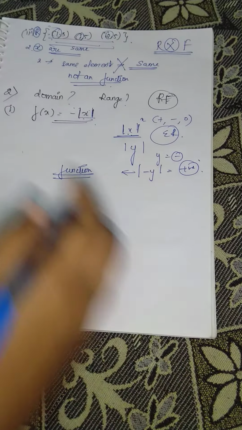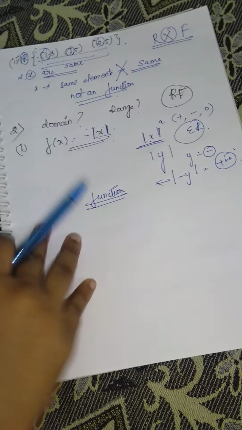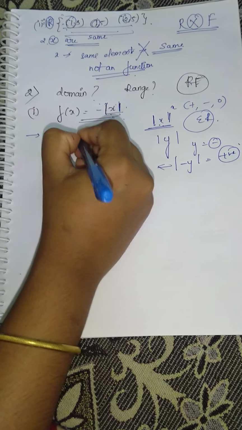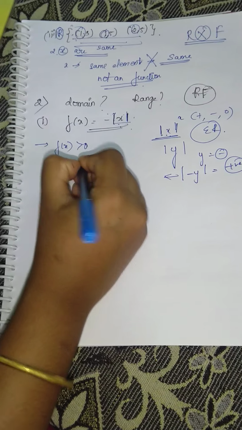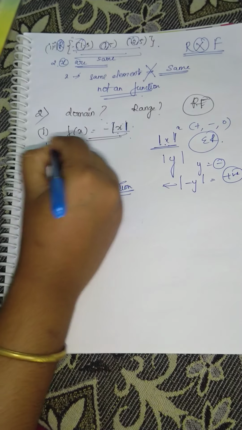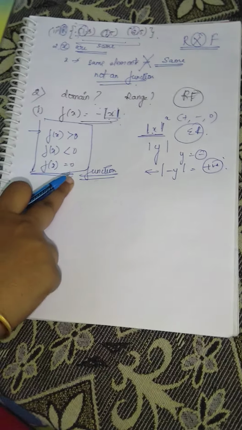Next, if a function like f of x is equal to minus of modulus of x is given, you have to define it for f of x greater than 0, f of x less than 0, and f of x equal to 0. Whenever such a condition is given, you have to go with these three subdivisions.